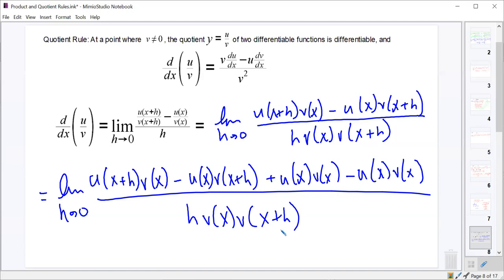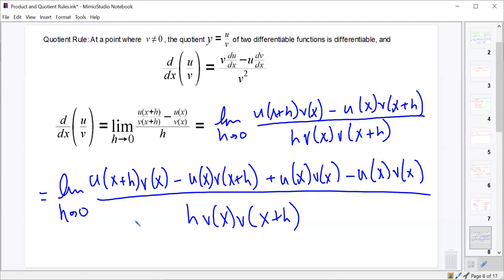Yep. All right. So same idea as before. We're going to need to group this in some way. Anybody see a good way that they want to group these together? We have a u of x plus h times a v of x.